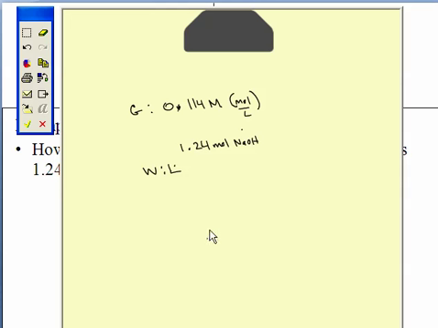So the first thing we always do is write down what we're given. 0.114 molar, which is units of moles per liter, and we're also given 1.24 moles of sodium hydroxide, and what we want is liters. If we go back to the equations that I first wrote out about molarity, we see that liters is equal to moles divided by molarity.